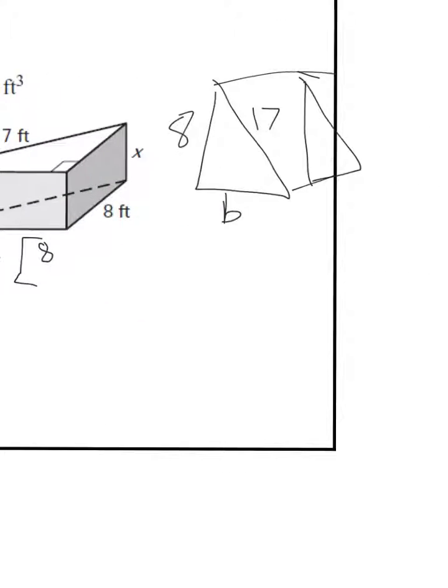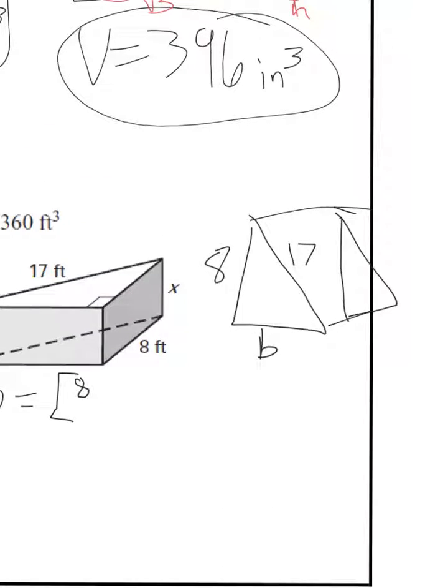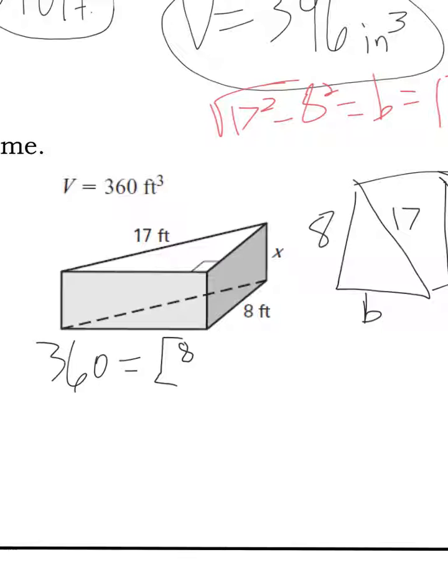Over here, I'm just going to go square root of 17 squared minus 8 squared equals my little base, which is 15. All right, so this is 8 times 15 over 2. And then times that by the height of your prism, that's x.